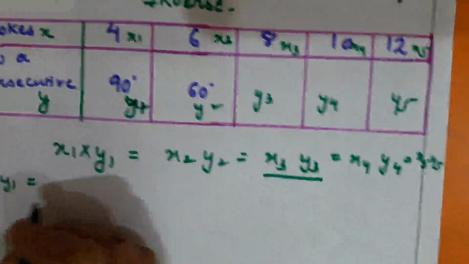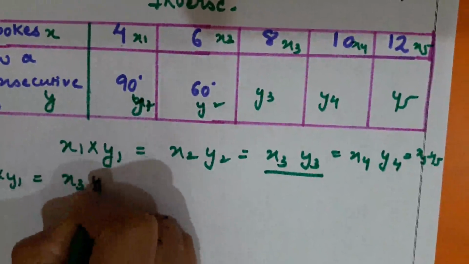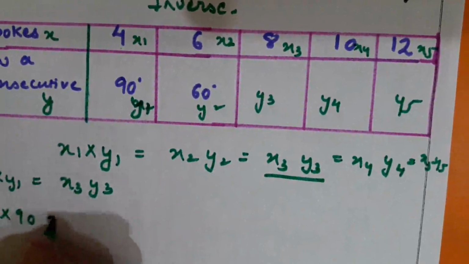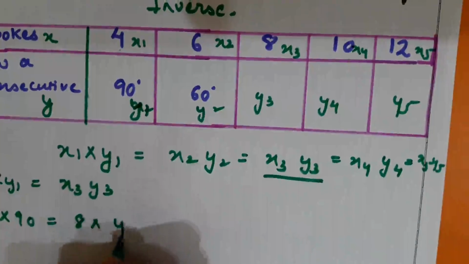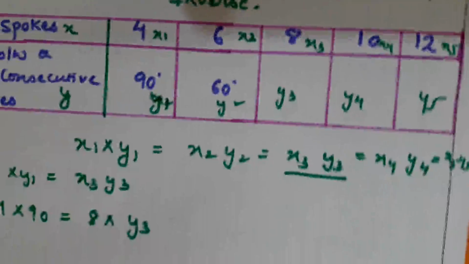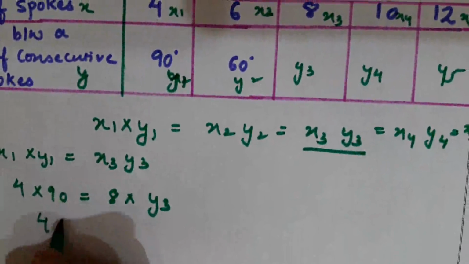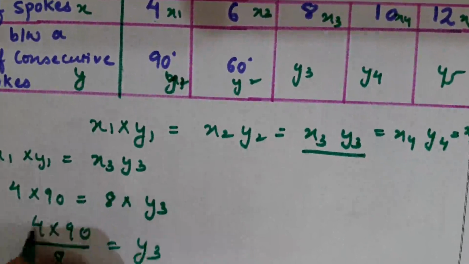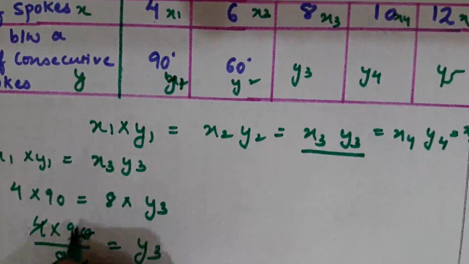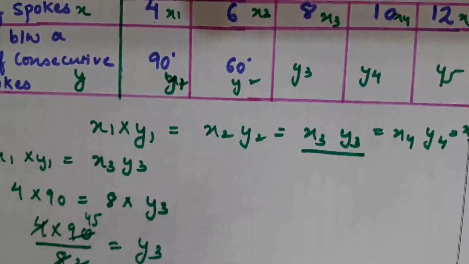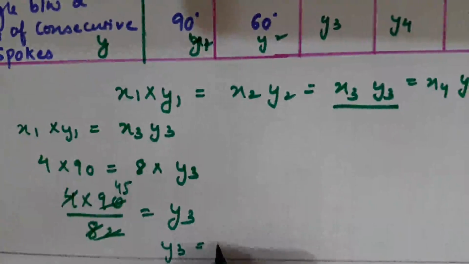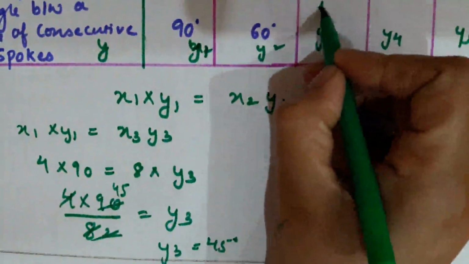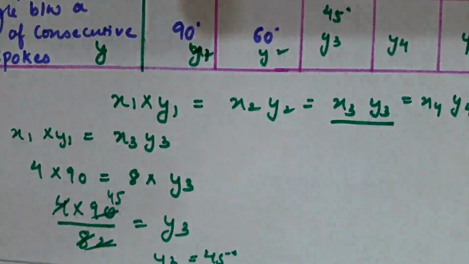I am taking this equal to x3 into y3. x1 is 4, y1 is 90, x3 is 8, y3 we need to find. So 4 into 90 upon 8 gives y3. 4 twos are 8, so 45. So y3 is 45 degrees. So if 8 spokes are there, a 45 degree angle it will make.